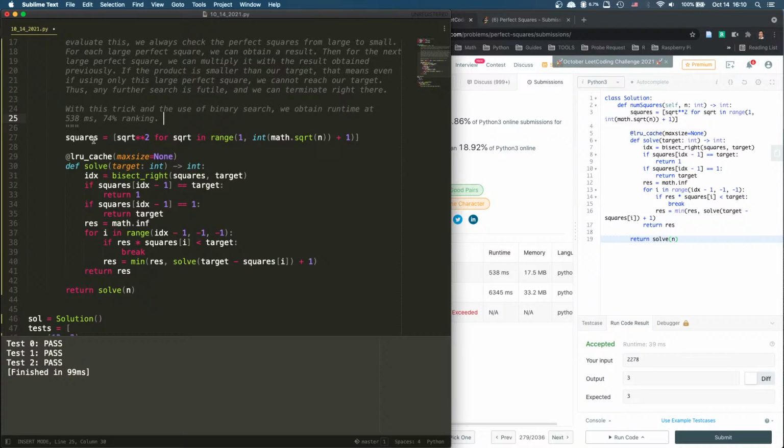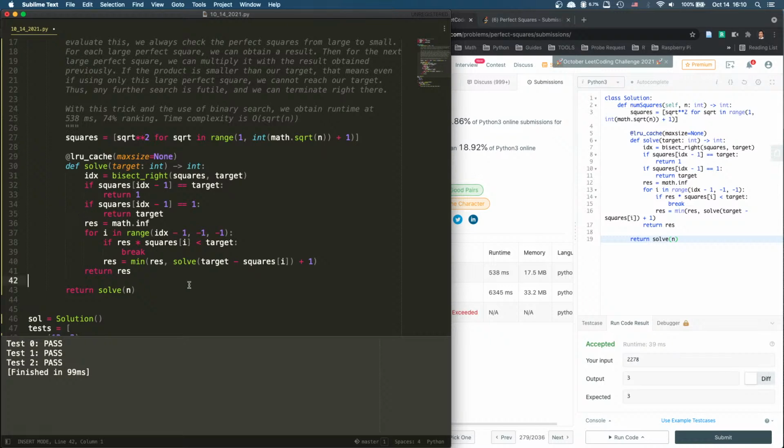Every single one in the squares, and that takes O square root n. So I think time complexity is O sqrt n. I'm not sure.